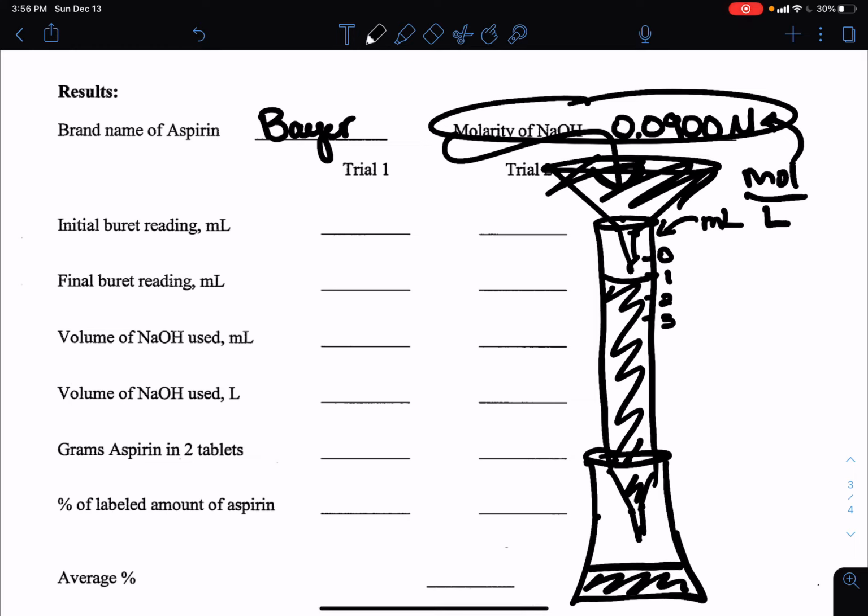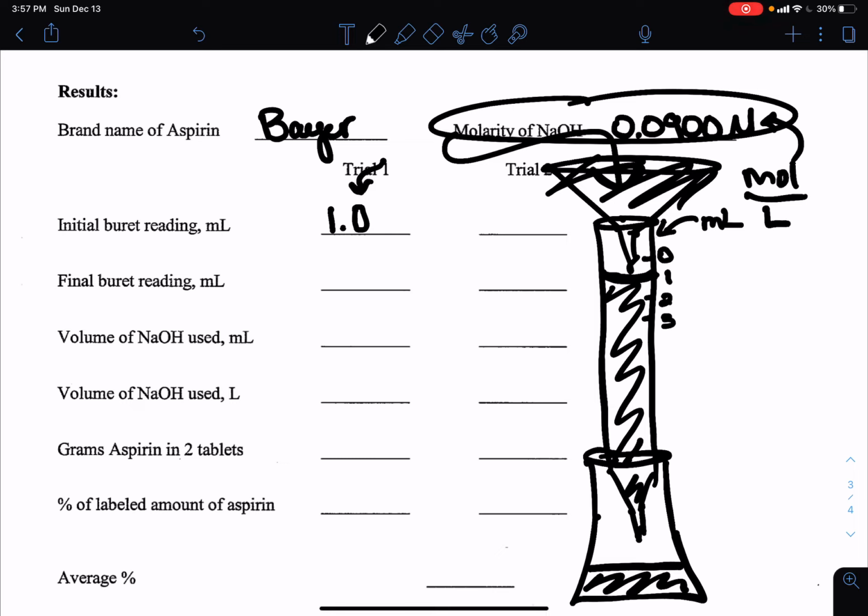So we want to put what our initial burette reading is. Let's say the meniscus hits right on 1. I would read the burette and say I've got 1 milliliter, but I know I have to make a guess there. Maybe I think it's exactly 1.0 and not 1.1, but my partner thinks it's 1.1, and that's okay because this is our unsure digit.